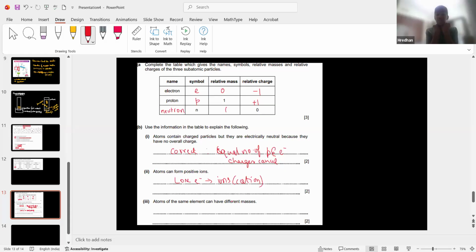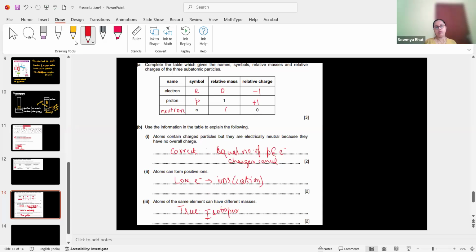Atoms of the same element can have different masses. True, because they might have a different number of outermost electrons. No, no, no. They are called isotopes. But then an isotope is just one element that has a different number of outermost electrons, right?